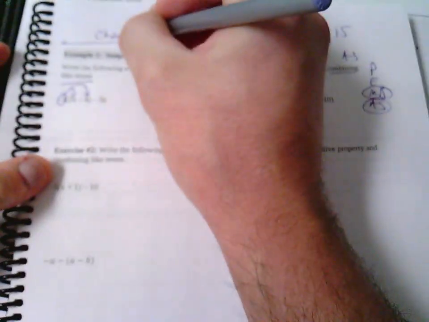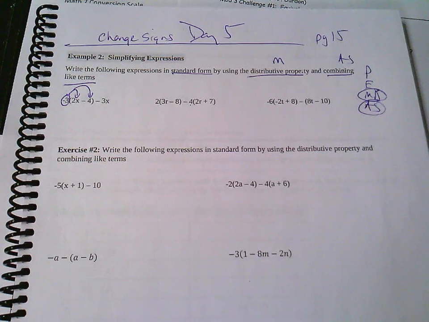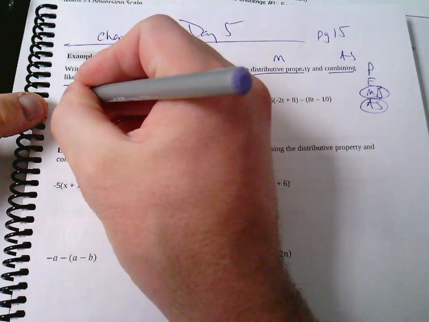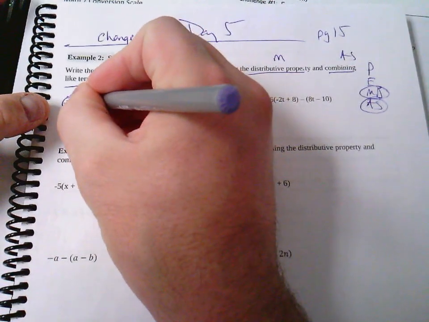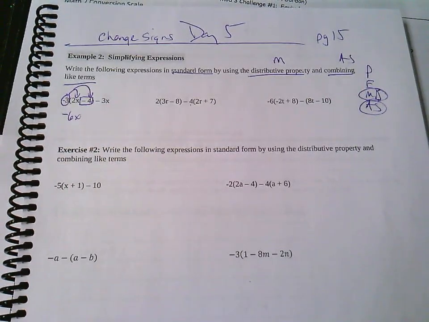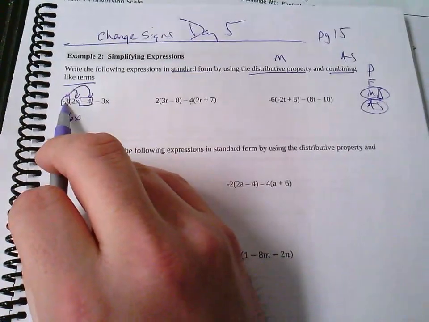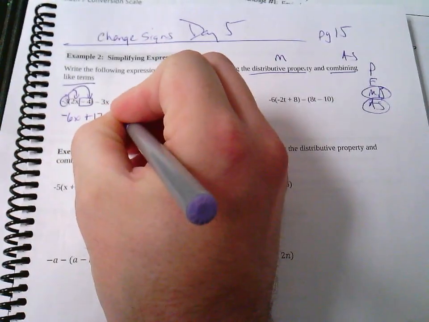We talked about that, and actually we just reviewed that before you got turned loose on this video. Because you're taking a negative 3 times 2x, negative 6x. You have to see that minus sign there as a negative 4. So you're taking a negative 3 times a negative 4, positive 12, minus 3x.